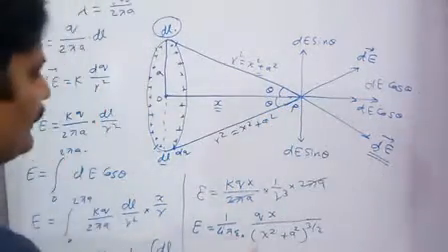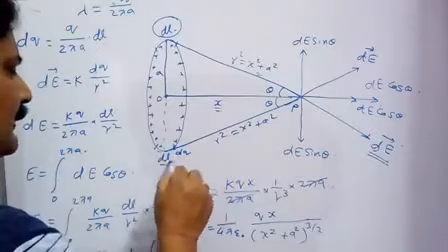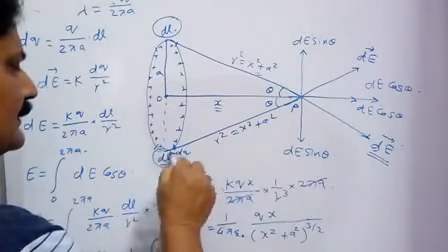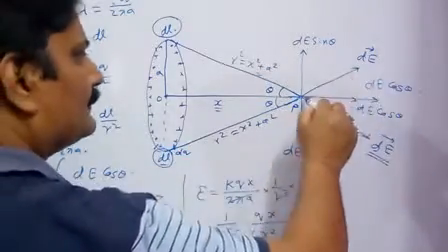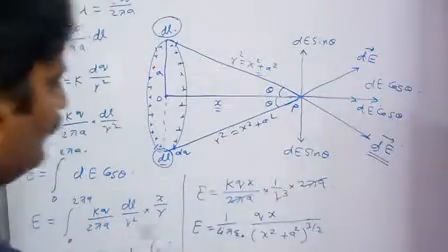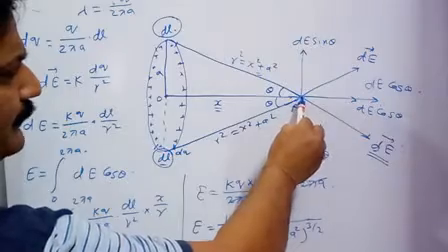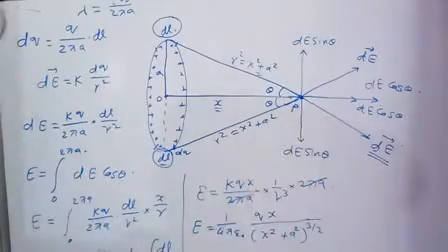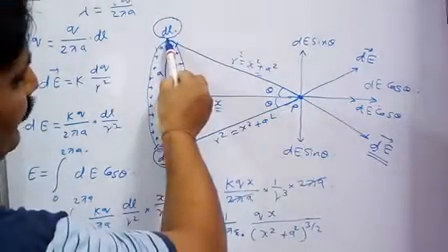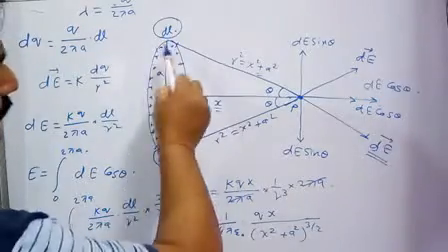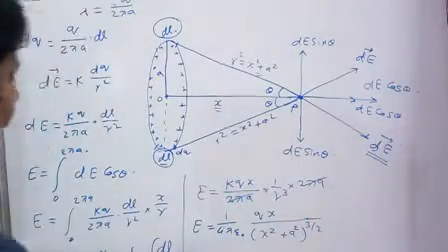Similarly, electric field due to this diametrically opposite element is dE in this direction. As both the electric fields are repulsive, if we assume the presence of a test charge at point P, the force due to this positive charge on the ring is going to be repulsive.